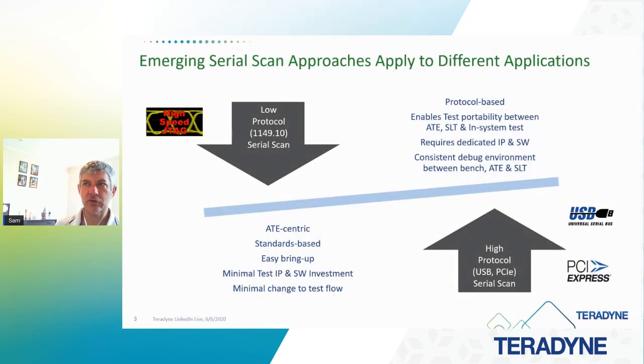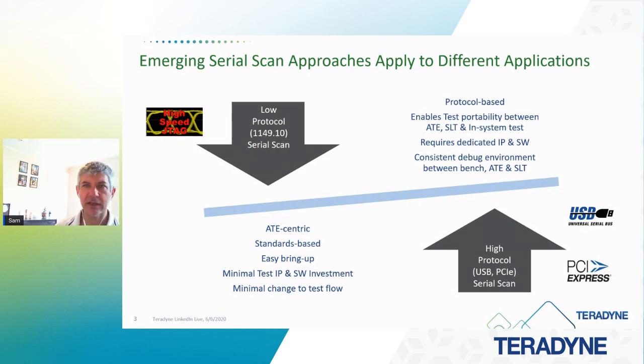So in general, there are two different approaches to serial scan today. There's low protocol scan, most commonly associated with IEEE 1149.10, and there's high protocol scan, which can operate on USB or PCIe interfaces. So low protocol scan, the protocol refers to the amount of software or the complexity of the state machine that exists in the IP on the chip.